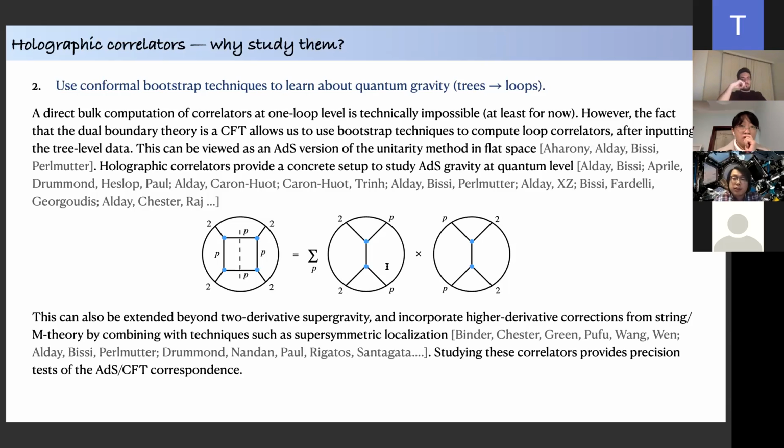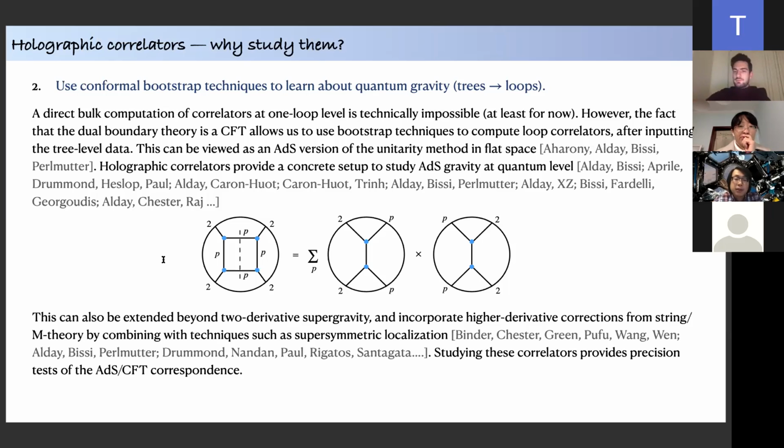But this is also not really necessary because we can use some very well developed bootstrap techniques to just compute loop corrections after inputting tree level data. So it works roughly like this diagram. It can be viewed as some AdS version of the unitarity method in flat space.